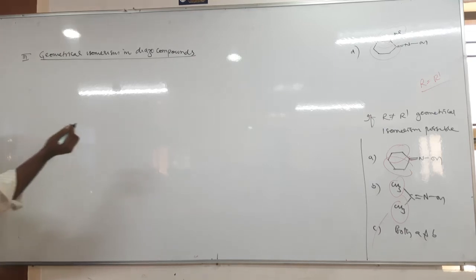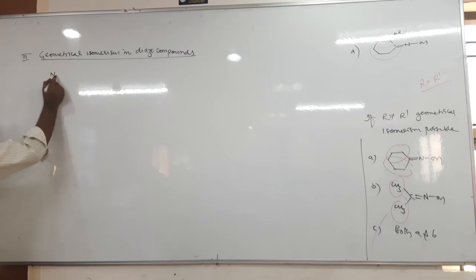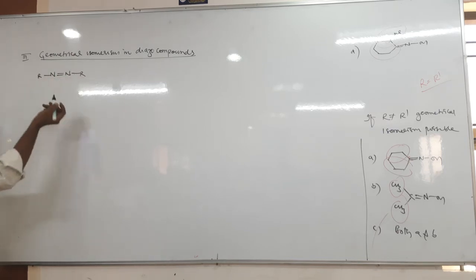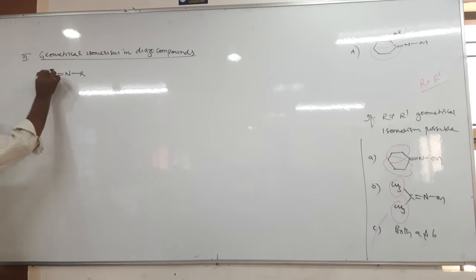Okay, then what are the diazo compounds? N double bond N, there is an R group, here maybe an R dash group will be there. Then each nitrogen has one lone pair.